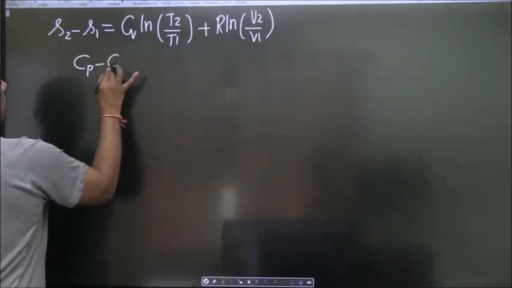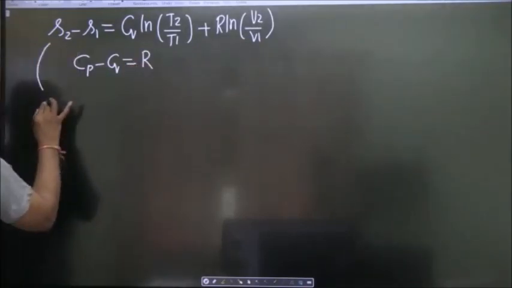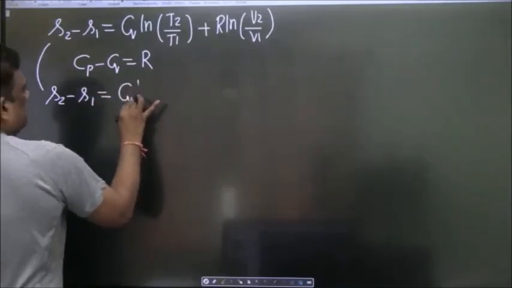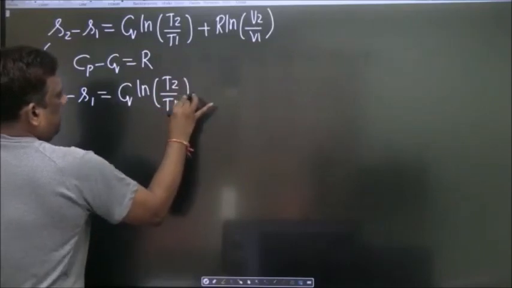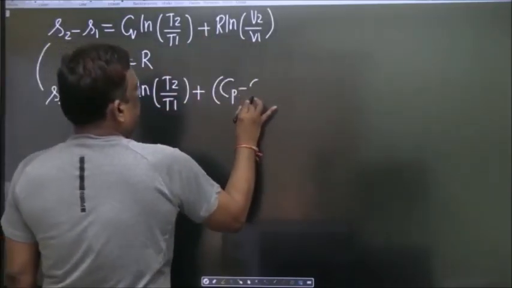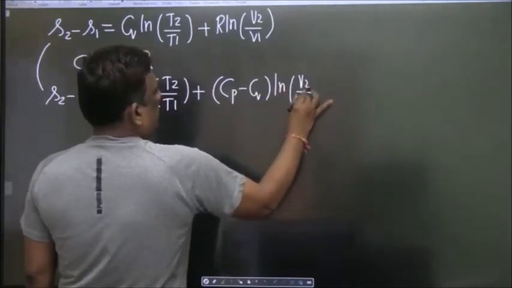Cp minus Cv can be written as R because it is valid for ideal gas. So s2 minus s1 is equal to Cv ln T2 by T1 plus R, what is R? Cp minus Cv, ln V2 by V1.